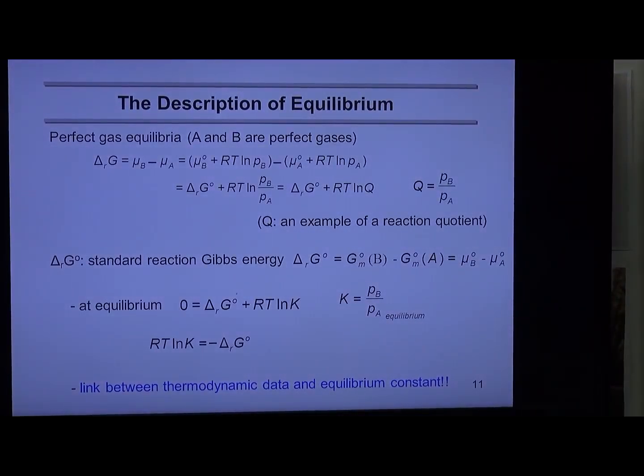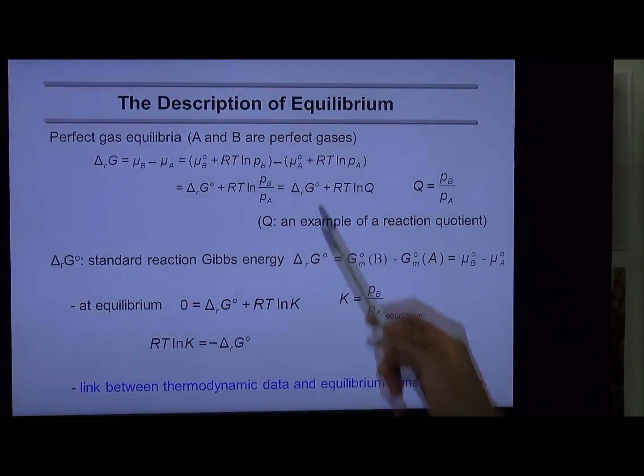Alright. Description of equilibrium. So from previous chemical reaction, reactant is A and product is B. Let's just assume that A and B are perfect gases.